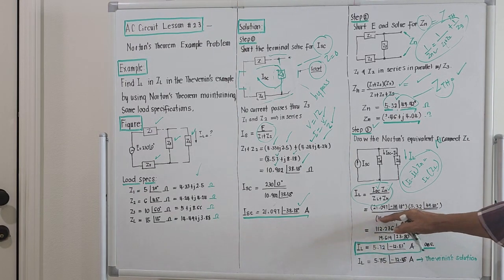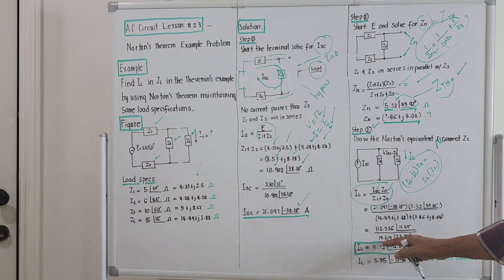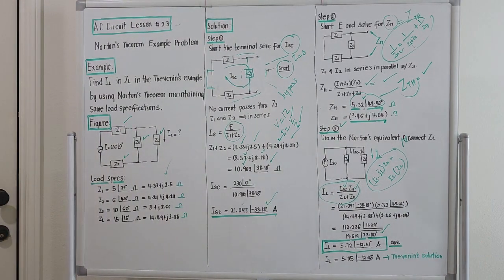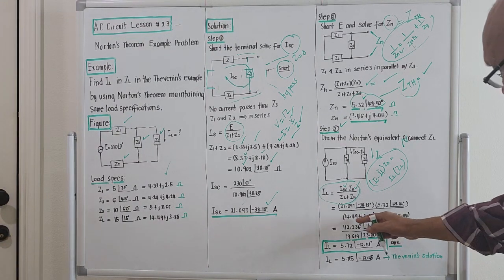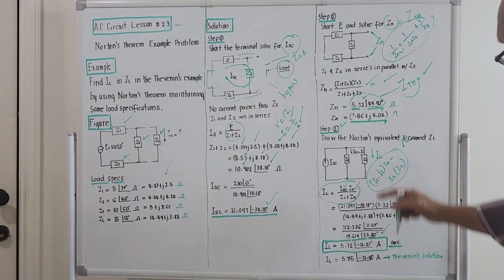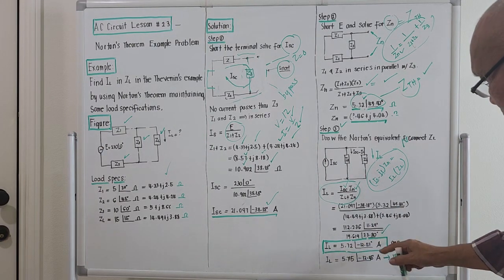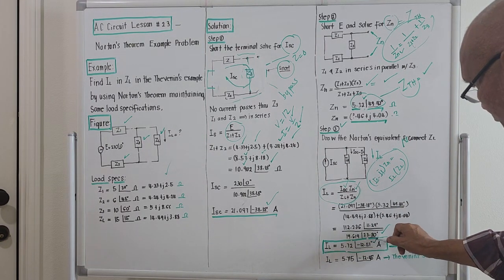If we try to combine this one, it will be 19.619 as magnitude, angle 23.80 degrees. So if we divide this one now, what will come out for the current passing through load C sub L is 5.72. The angle is negative 12.51 degree amperes.